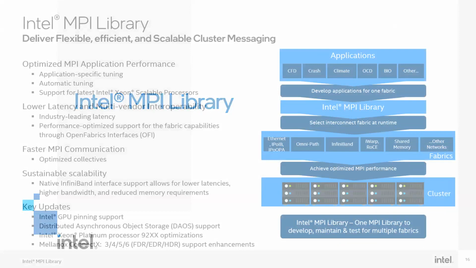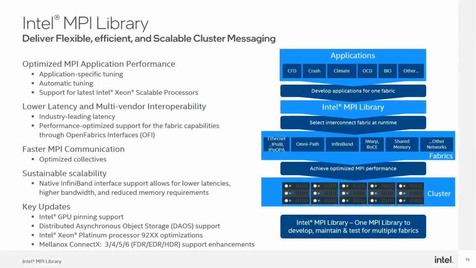The Intel MPI library is one of the building blocks of the HPC toolkits that has been available for years through Parallel Studio and now oneAPI. This library gives you a very seamless interface for getting access to any sort of underlying network, should it be Ethernet, OmniPath, InfiniBand, RoCE, shared memory, and any network that supports the Open Fabrics Interface.